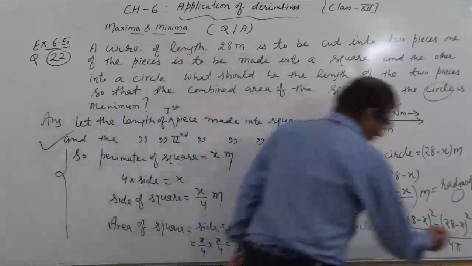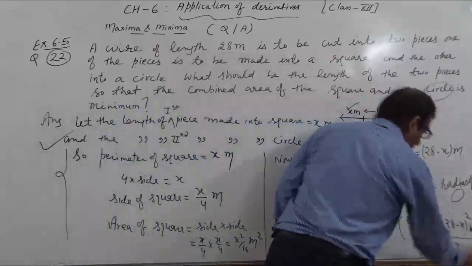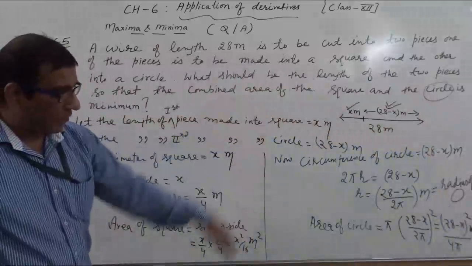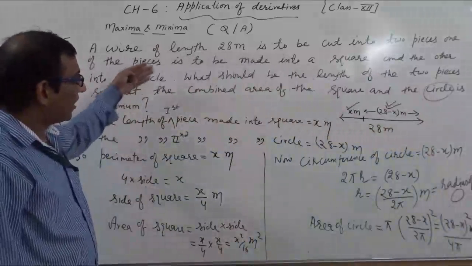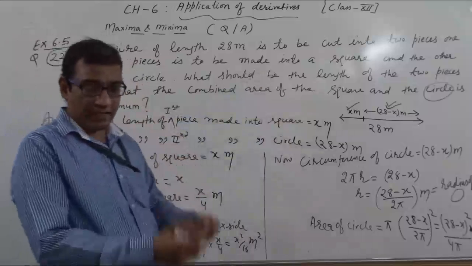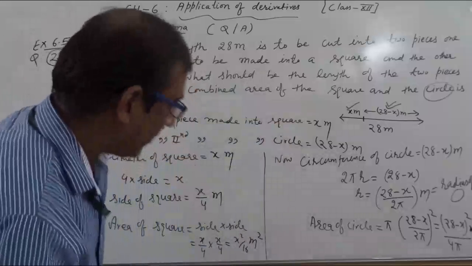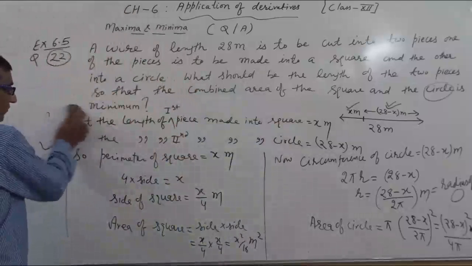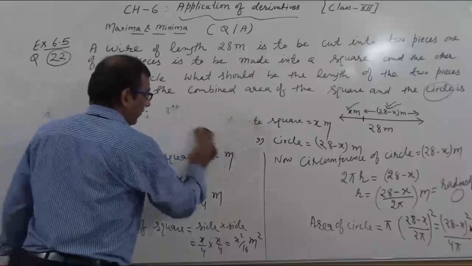And meter square will also be written here. So this is the area of square, and that is the area of circle. Now what is the question? What should be the length of the two pieces so that the combined area is minimum? Now we will take the combined area of both square and circle. So after this, what will we do?